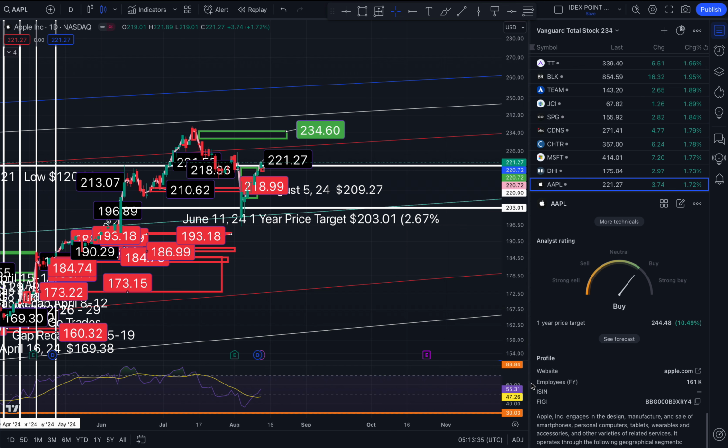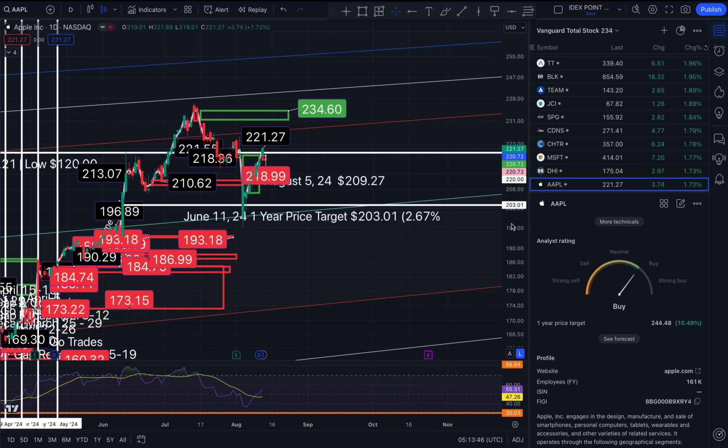Ever since Apple announced it was no longer going to produce the Apple car and that they were going to focus on AI, this stock has been running and staying in the 200 level, and I've never seen this before, and it's been amazing.